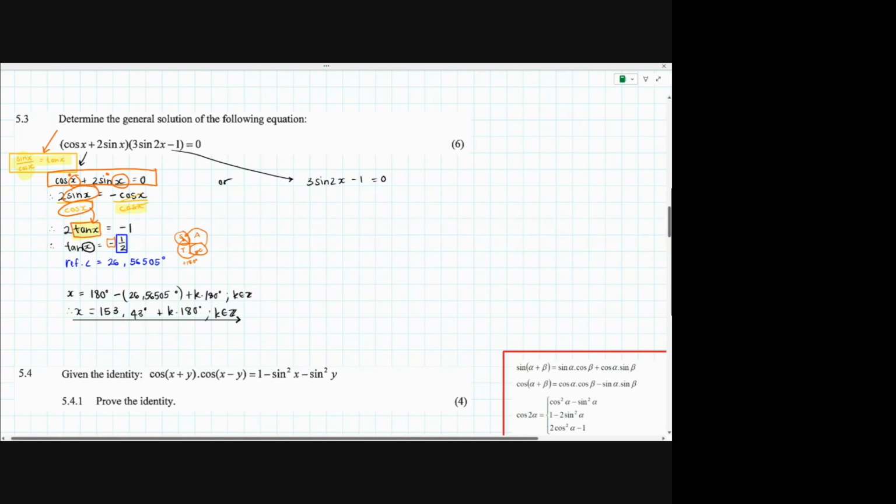So rather than working with two different ratios, sine and cos, by dividing by cos x, I create a tan x, which is now one ratio that I work with. I never want to work with two ratios. Because our angles were both x, and because I had a sine and a cos, I manipulated my equation so that I could divide by cos x to create tan x, and then I can solve my equation. Again, let me know if that makes sense. It's just because we don't want to work with two different ratios.